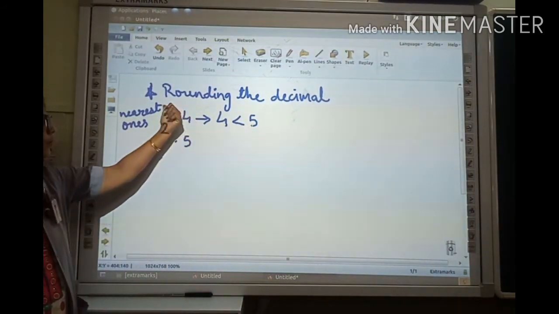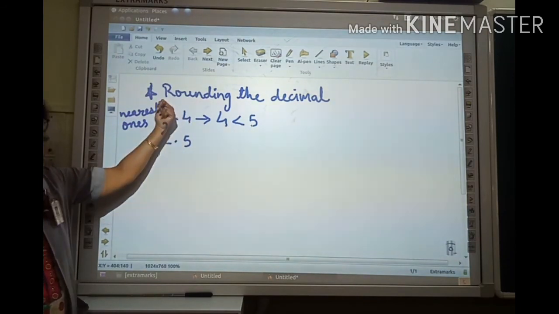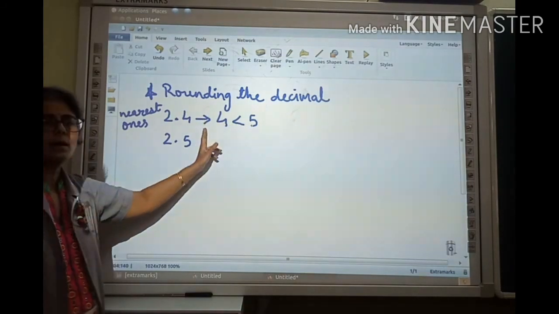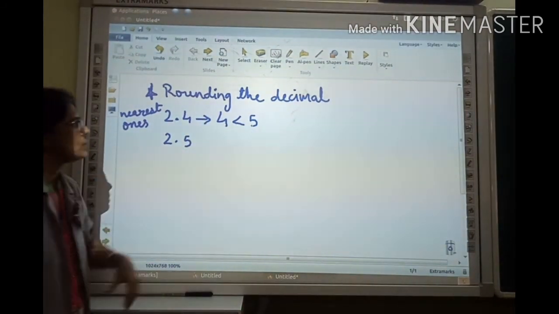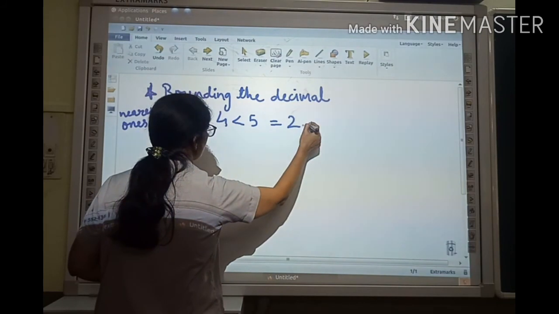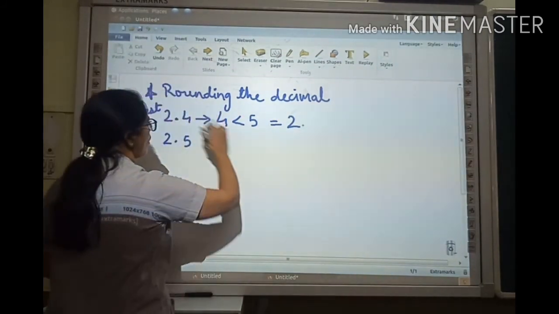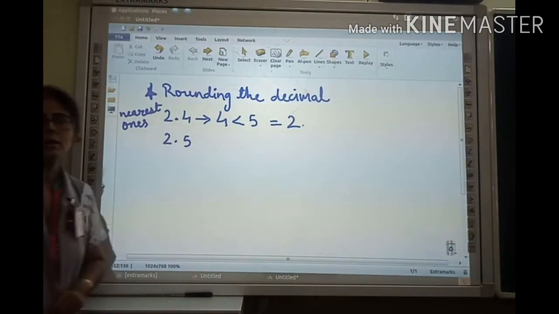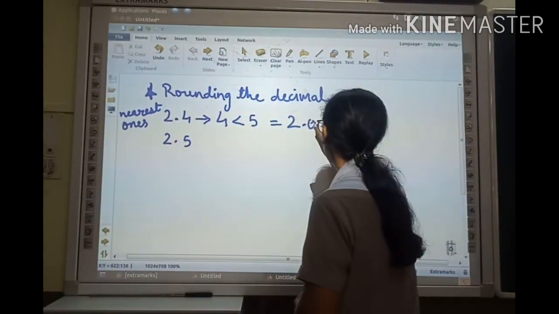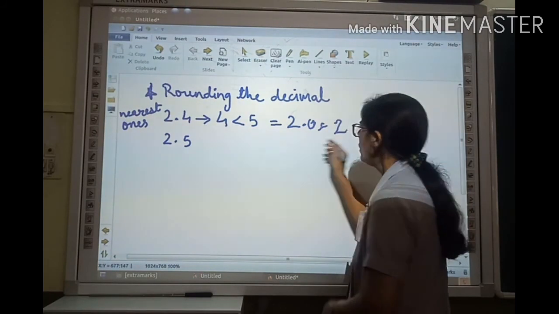Then only we have to add 1 to the number just before it. Now here 4 is less than 5. So our 2 will remain as it is, and after the decimal we place 0. We will not place that. Write 2.0, or directly write 2, that is equal.